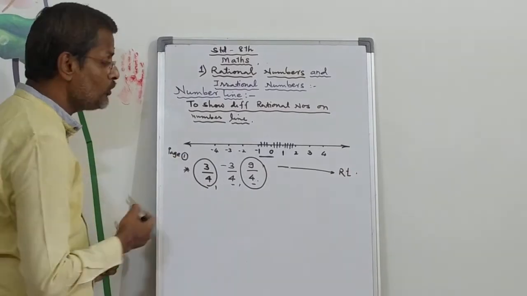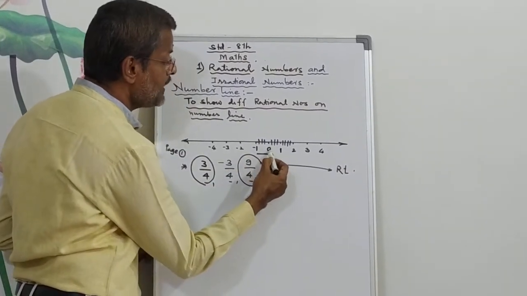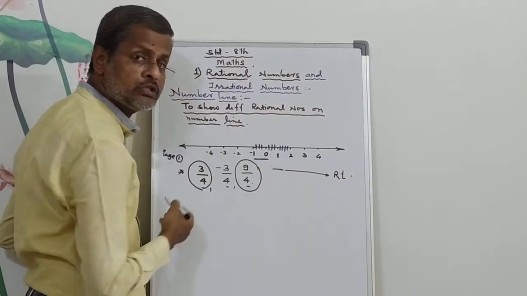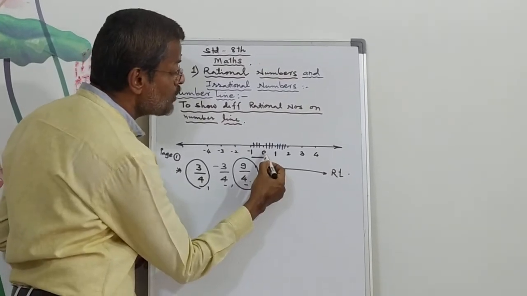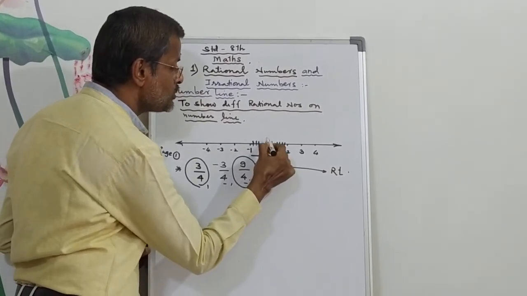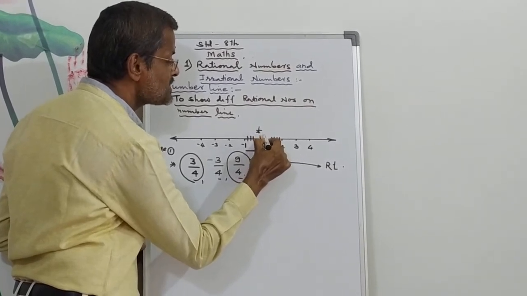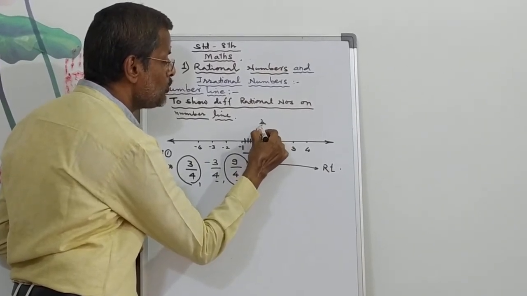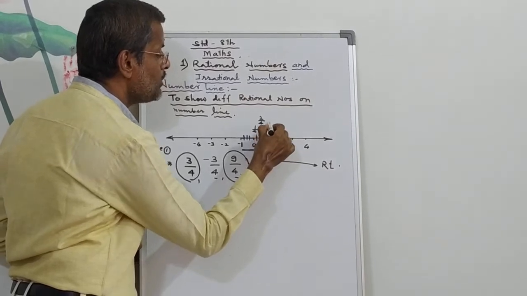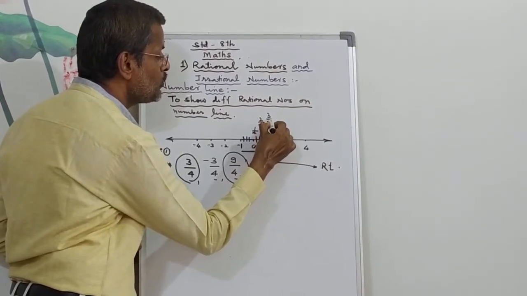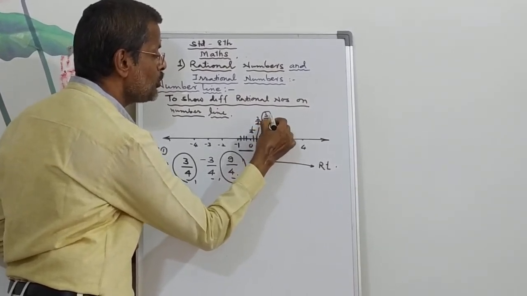Let us see 3 upon 4. As we have divided each unit distance into 4 parts, let us count from 0. This first number is 1 upon 4. The second number will be 2 upon 4. Third number 3 upon 4. So this is our 3 upon 4.